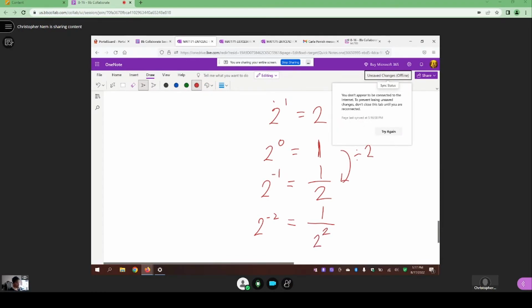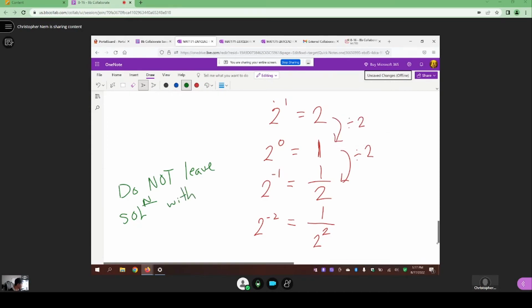Boom. And now, what you'll be realizing is that in many of your assignments, if you're going to answer any problems, I want you to have no negative exponents. Do not leave solutions with negative exponents.